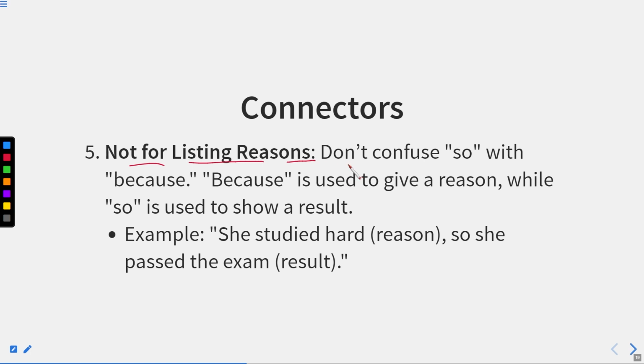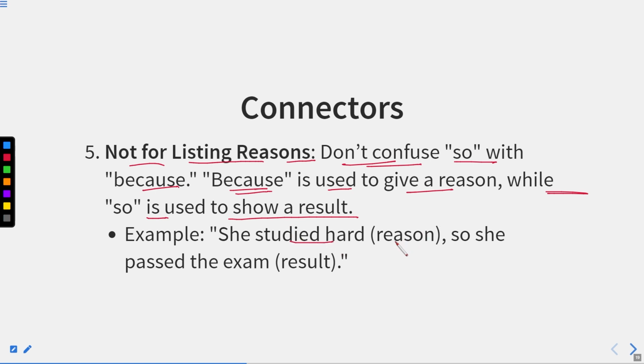Not for listing reasons. Don't confuse "so" with "because". "Because" is used to give a reason, while "so" is used to show a result. So there is a difference between "because" and "so". "So" is also a conjunction, "because" is also a conjunction. The main difference is that "because" shows the cause, obviously the reason, whereas "so" shows the result or the effect.